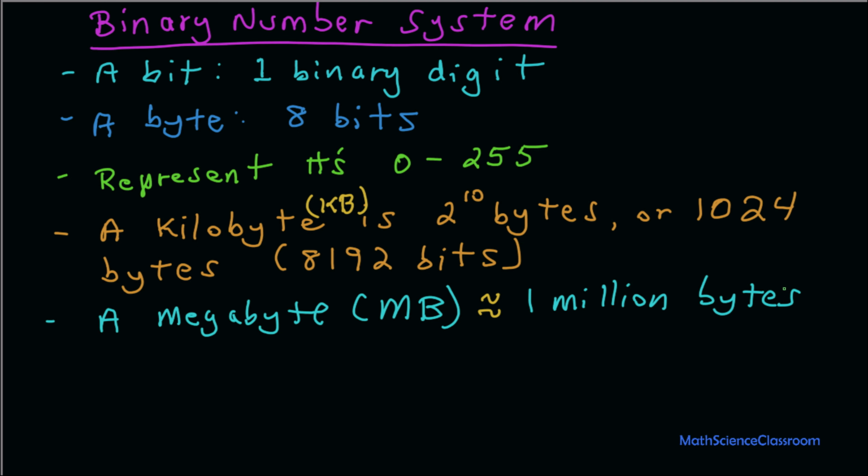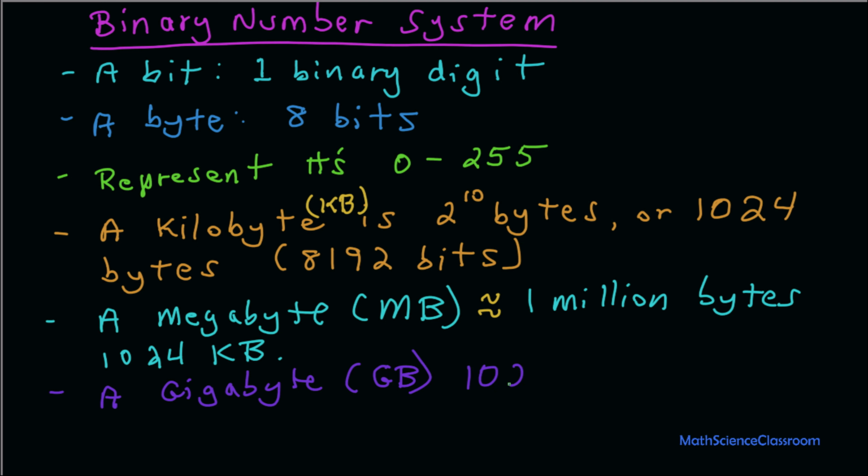Or to be precise, it's 1024 kilobytes. A gigabyte is GB for gigabyte. And a gigabyte is 1024 megabytes.